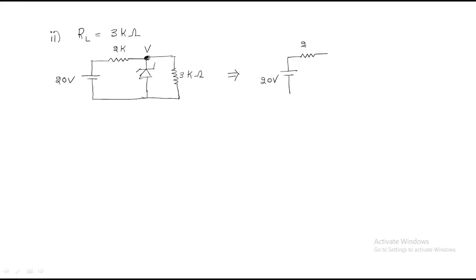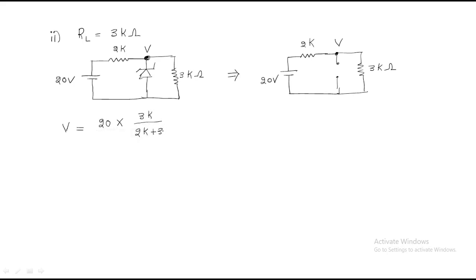Again this is the 2k, and we don't know the voltage, just open circuit it, and we have 3 kilo ohm here. Now you will find the V value. How can you find it? Same, apply the voltage division rule. What is the voltage division rule? Total input voltage and voltage across the resistance and the total.